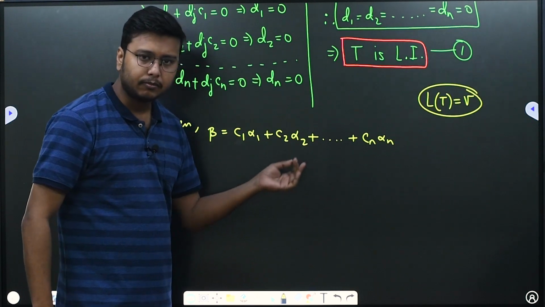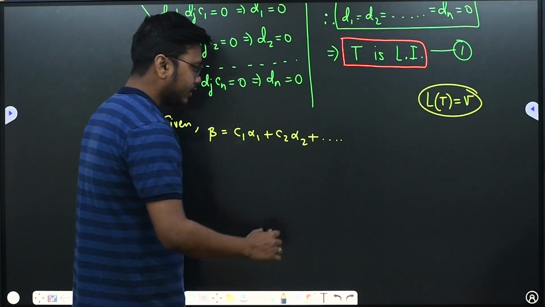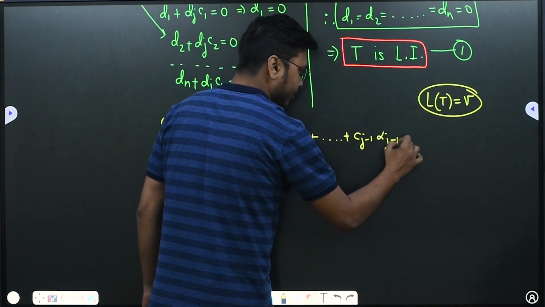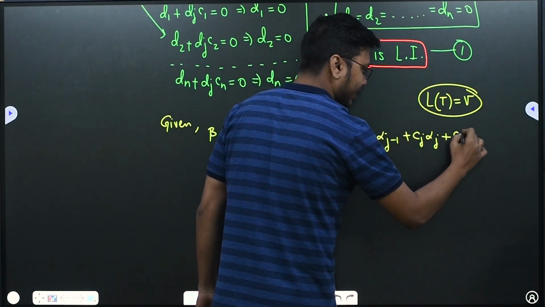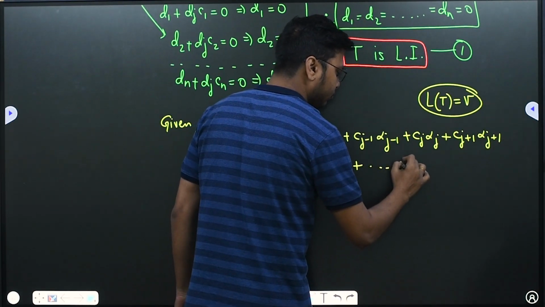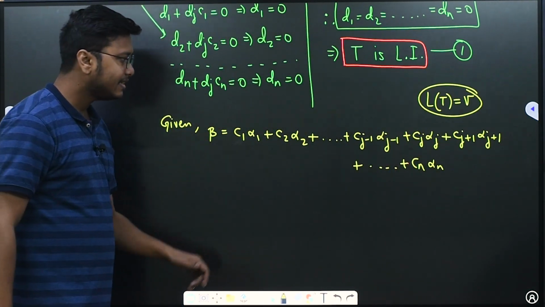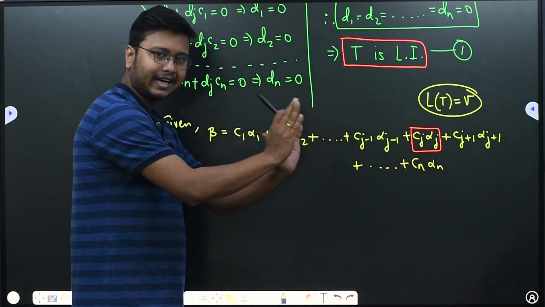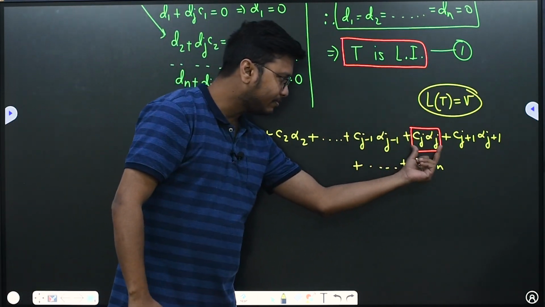I'll write this expression in a better way. I'll not directly jump to the nth element. I will write the j minus 1th element followed by the jth element followed by the j plus 1th element, and then I will finally go on to the nth element. Now in this expression I want to keep this term on the right side and bring everything else to the left side.